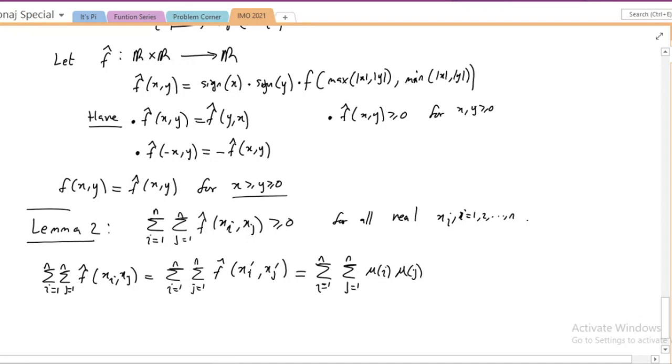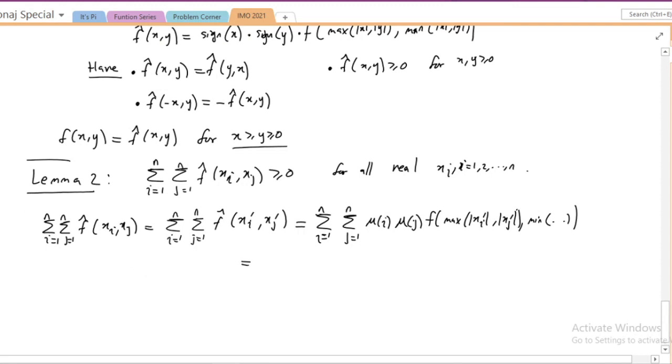And we now have f of the maximum of xi, xj, and then the minimum of those two. Okay, so we'll now take this in, so since it's symmetric, we can actually look at this as saying we're looking at, I think probably could have done that earlier. So if i equals j, this is just the sum of this.